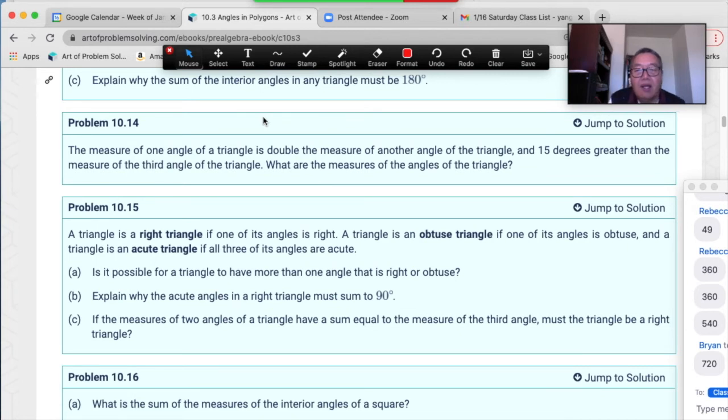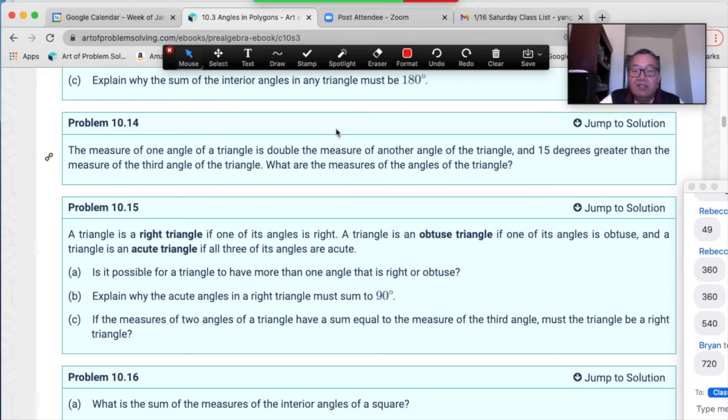Now let's see the next problem. 14. The measure of one angle of a triangle is double the measure of another angle of the triangle, and 15 degrees greater than the measure of the third angle of the triangle. What are the measures of the angles of the triangle?